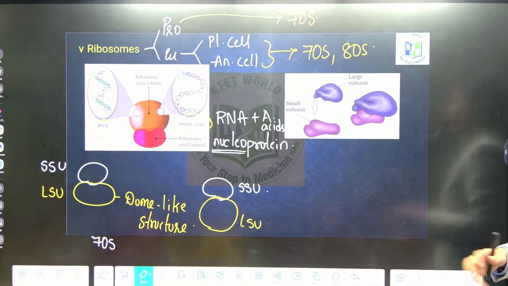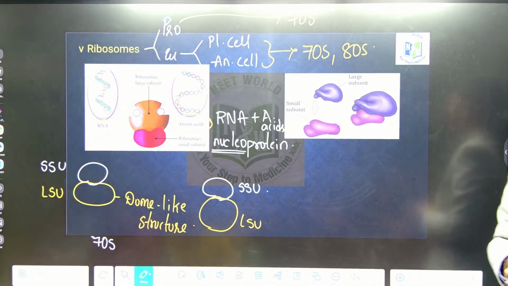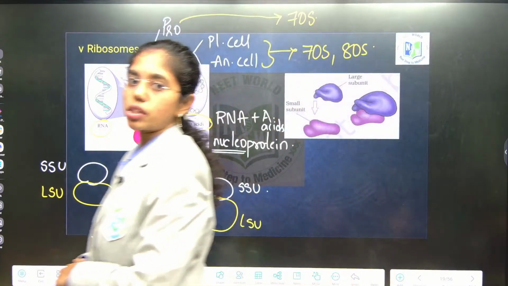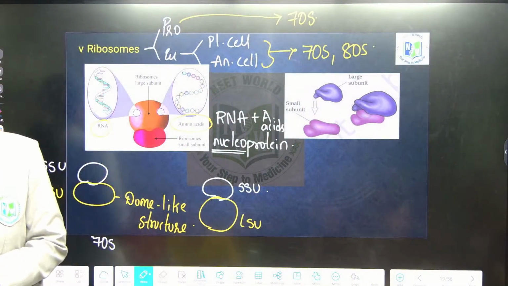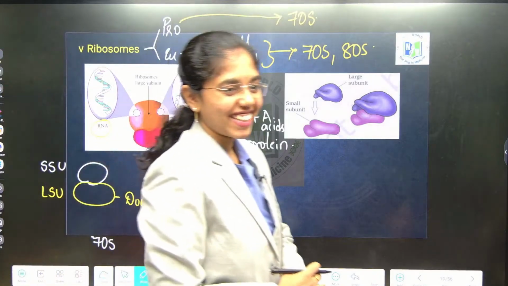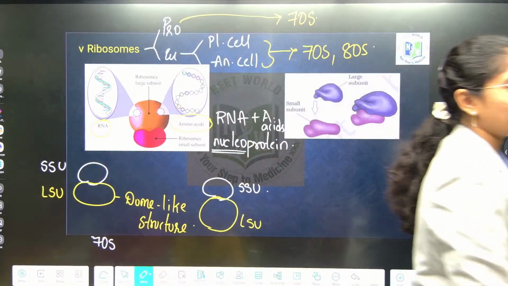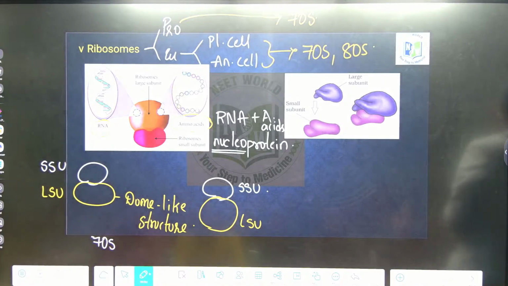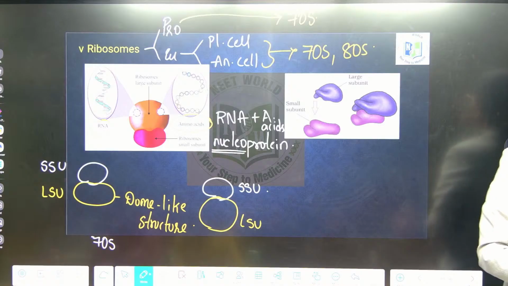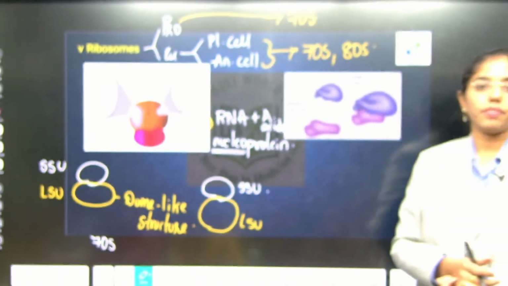If you have to consider the 6 kingdom system of classification, who gave us the 5 kingdom system, and who gave us the 6 kingdom system? Very good, Carl Woese. 6 kingdom or 3 domain system of classification.